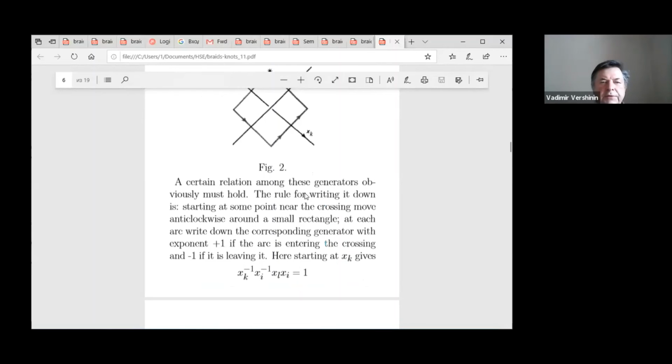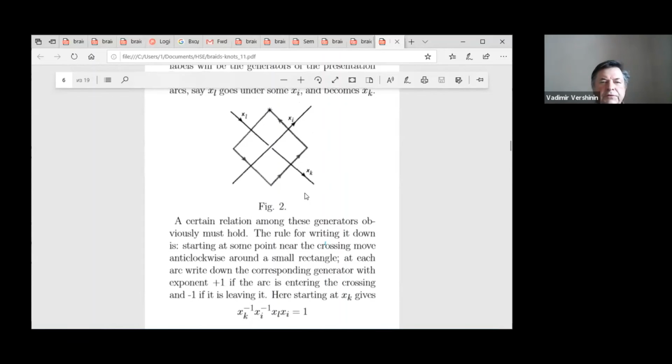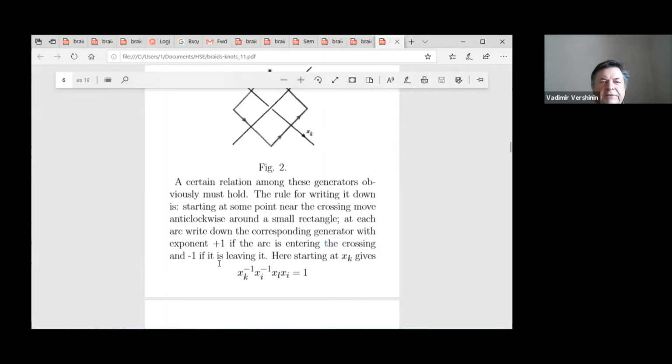So you start, for example, with xk. Then you go in your diagram in the positive direction, which means anti-clockwise.